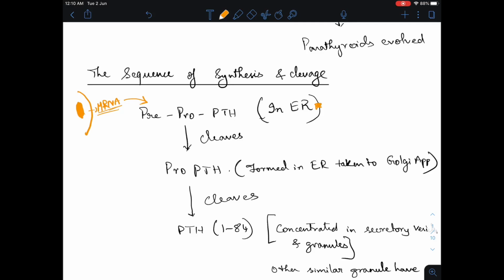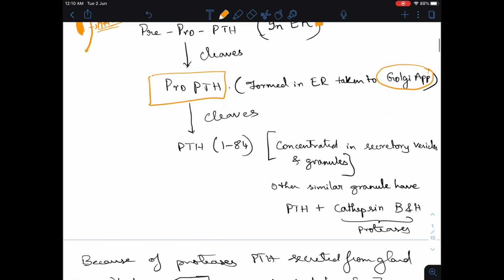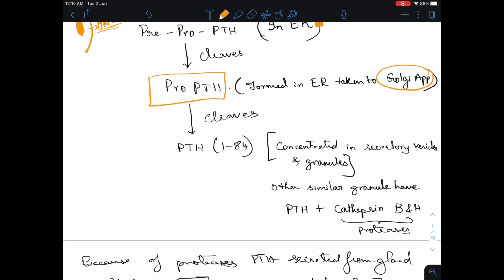Okay, and there it is cleaved into pro PTH, and this is transported to the Golgi apparatus. Okay, and here in the Golgi apparatus it is cleaved into parathyroid hormone, that is the original PTH with the final 84 amino acids. Okay, with the NH2 and COO terminal.